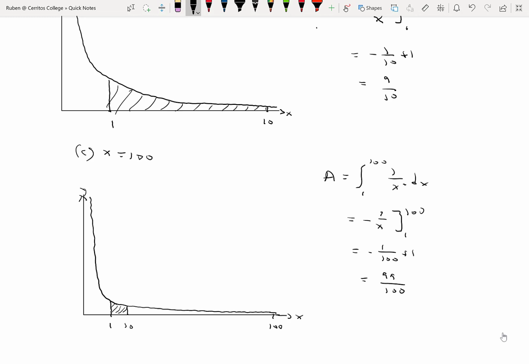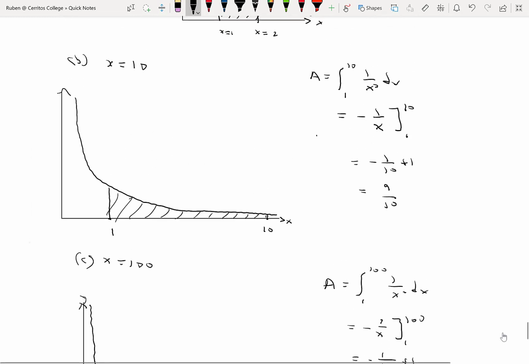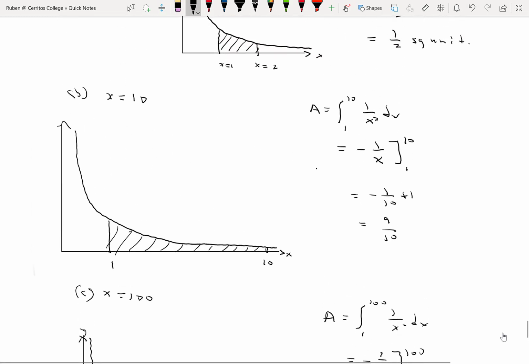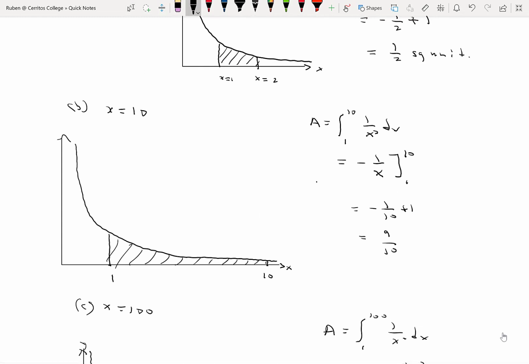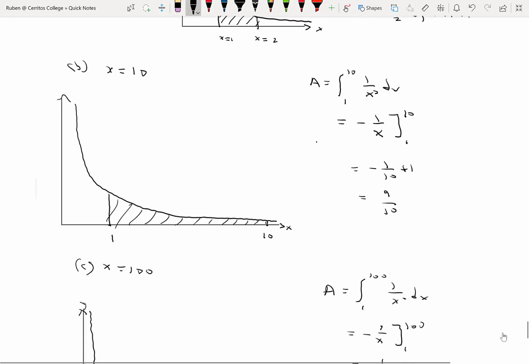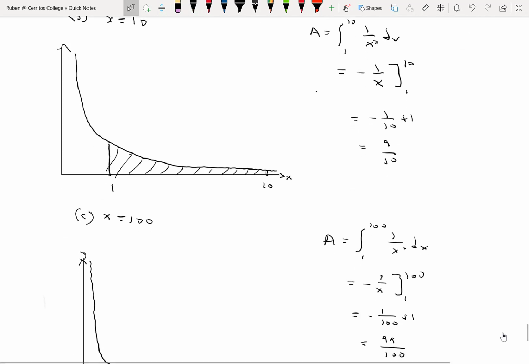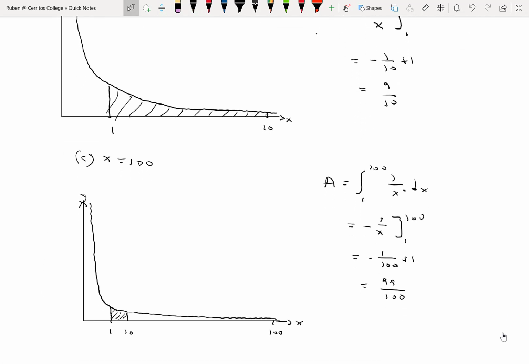So now we're getting a really good idea of what's happening as we keep increasing the right-hand limit of integration. As we let x get larger and larger, it looks like the areas of these corresponding regions are approaching 1. We got an area of 1/2 between 1 and 2, of 9/10 between 1 and 10, and 99 over 100 between 1 and 100.